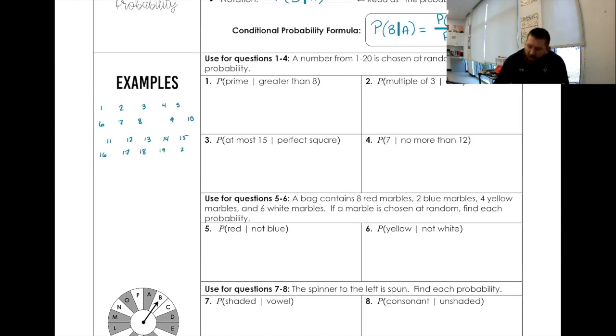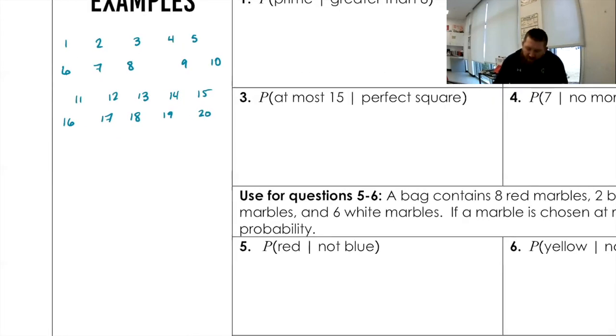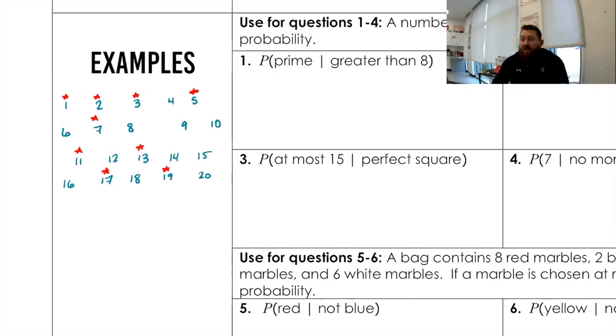Now let's go through and highlight our prime numbers: 2, 3, 5, 7, 11, 13, 17, and 19. Those are all of our prime numbers. We'll get that out of the way.